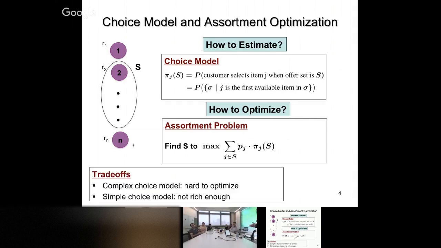difficult problem. And as with most problems, there are these fundamental trade-offs. You can choose a simple model that will be easy to estimate and solve the optimization problem, but may not be realistic in many settings. Or you can go to a richer model, which models reality more closely, but both estimation and optimization become hard. Okay.